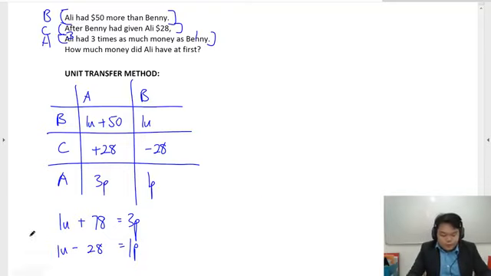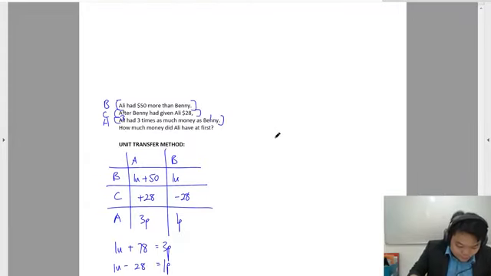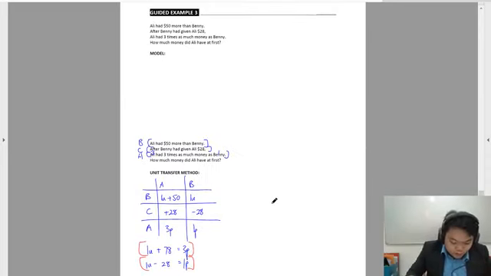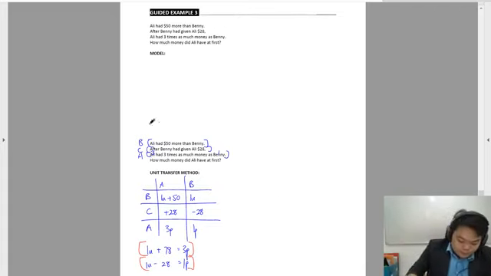So how do we avoid this? How do we avoid using algebra over here, especially at P5 and P4? We will need to use models to draw out these 2 diagrams and show it. So in this sense, the model approach also complements the unit transfer method. We can draw out these 2 models like this.